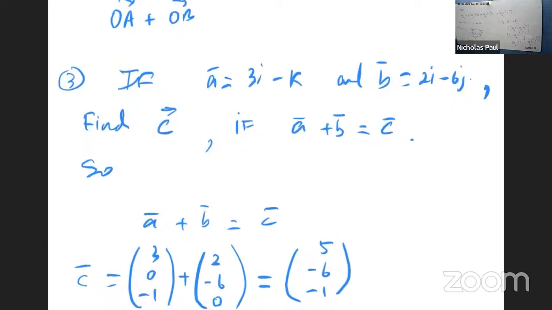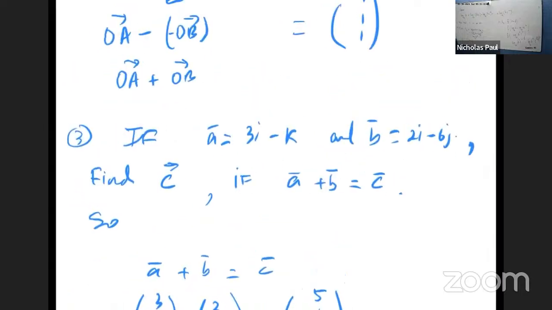All right? Here we have a quick example. Let's try it now. a is this, b is this, and c. Let's see if we can find c. Do it mentally. Go write that down. So what do you get? What is c?